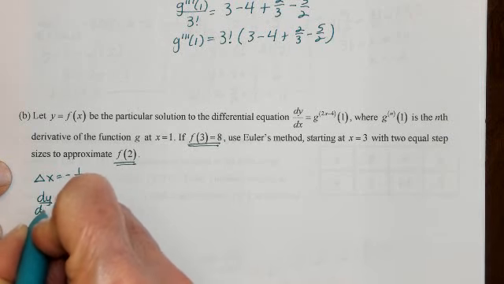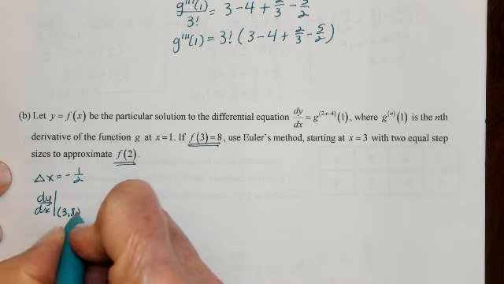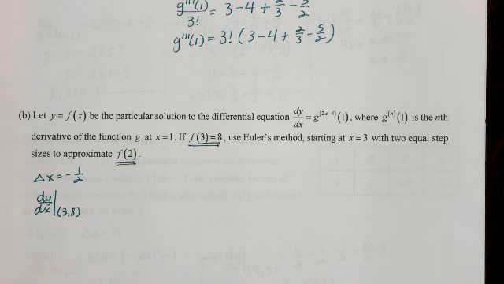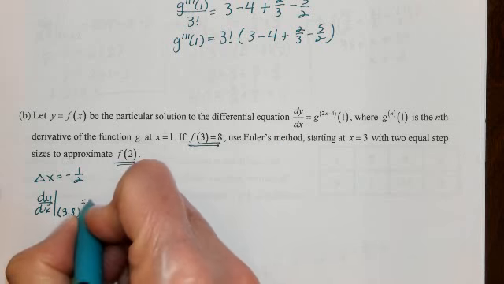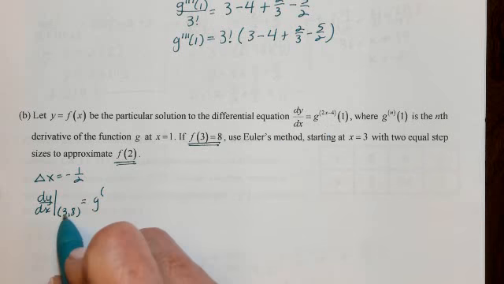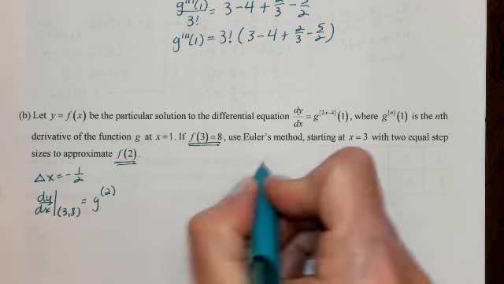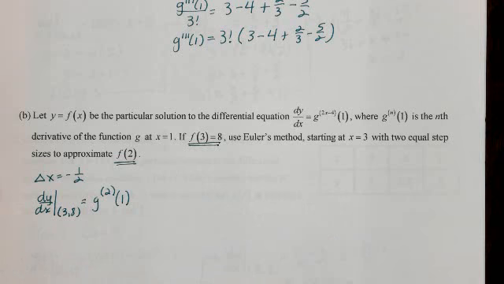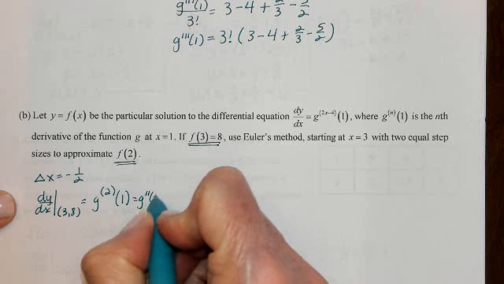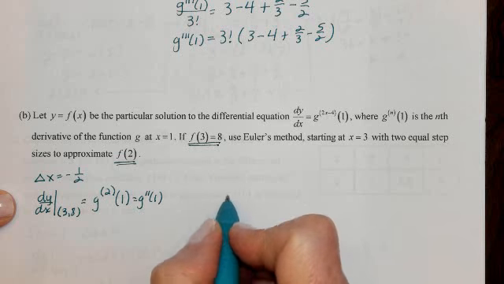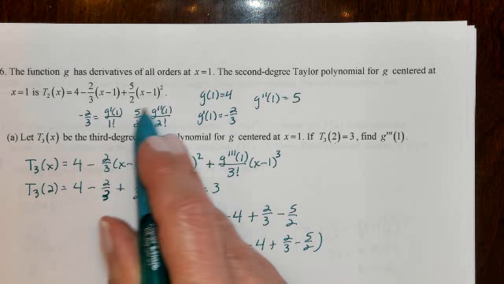All right, dy dx at my starting point 3, 8 is equal to, here's my formula for dy dx. When x is 3, this would be 6 minus 4, so it's the second derivative of g at 1. So dy dx is g double prime at 1, which we found way up at the start when we were just playing around with what we could get from this.